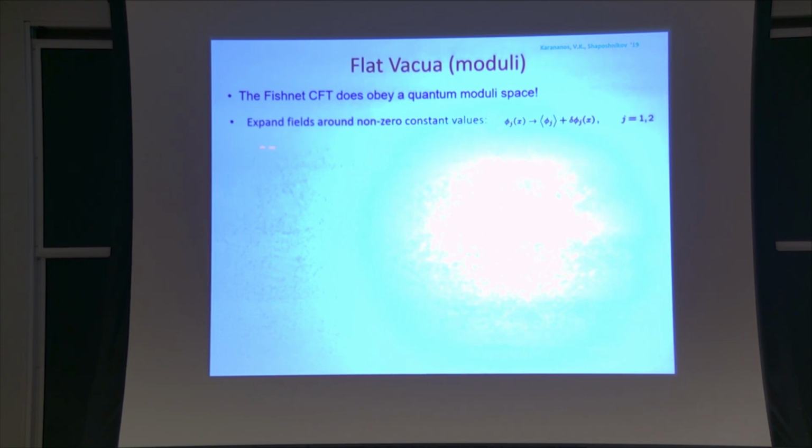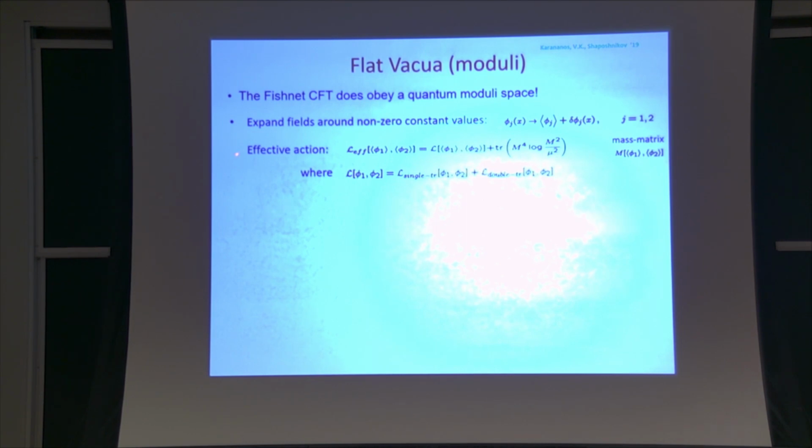So, as usual, what you have to do is expand your fields around some average values which don't depend on x, and the effective action which we find depends on these averages, of course.